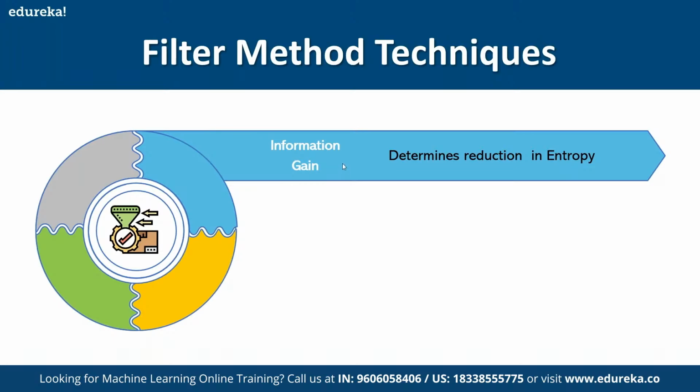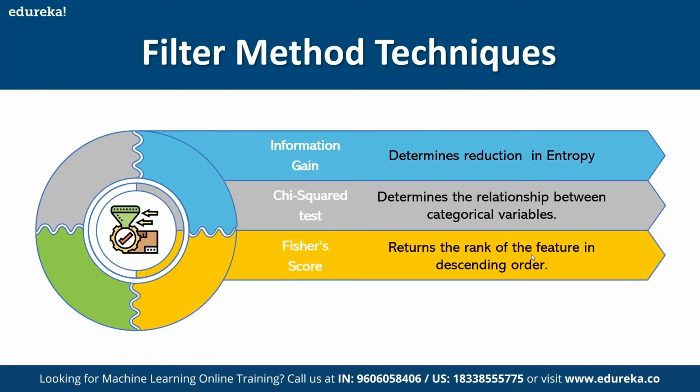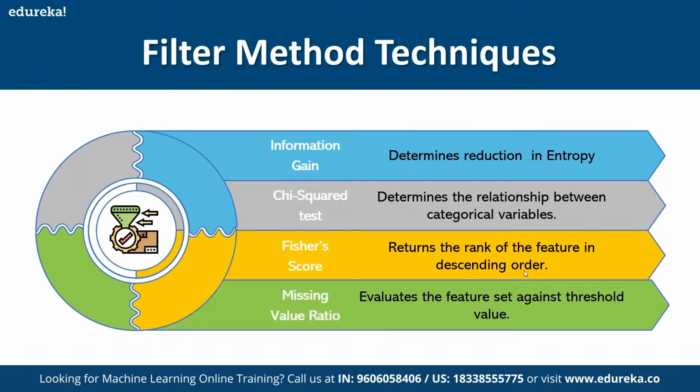We have the chi-square test, which determines the relationship between the categorical variables. We have the Fisher score, which returns the rank of the features in descending order. And we have the missing value ratio, which evaluates the feature set against a certain threshold value. So this is about the filter method technique.